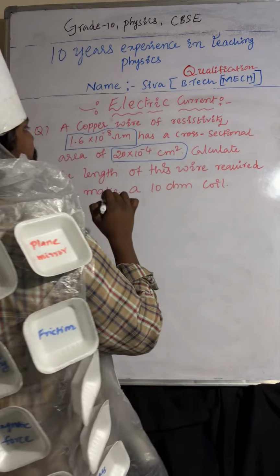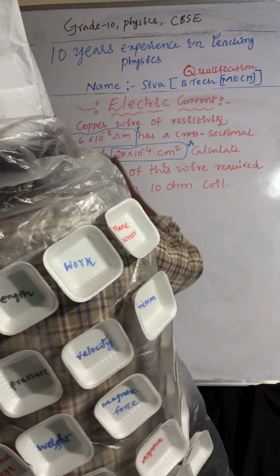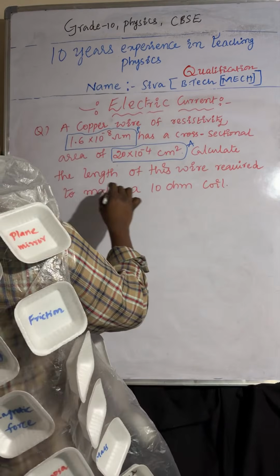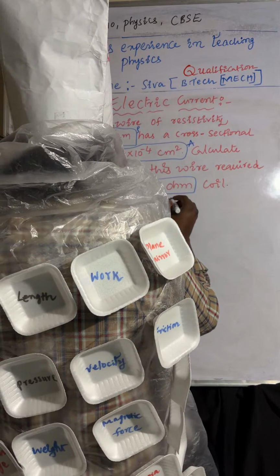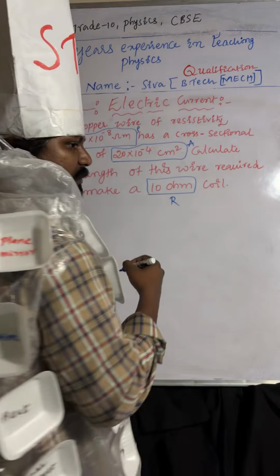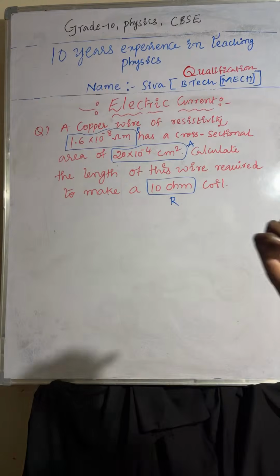So cross sectional area is A and resistivity rho. Here they have given resistance. These are the points they have given, and we have to find out the length. How to find out the length?